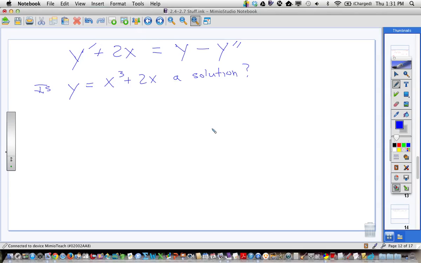Okay, so the first equation there is your differential equation. Is that next one a solution to that? So this is where you'd want to do the T-chart to check.